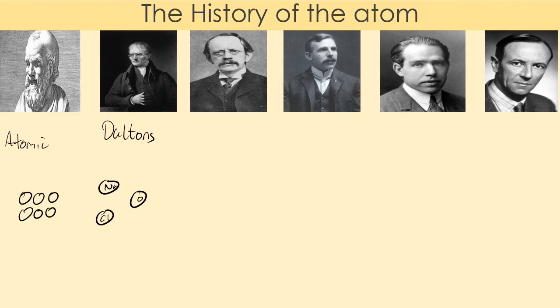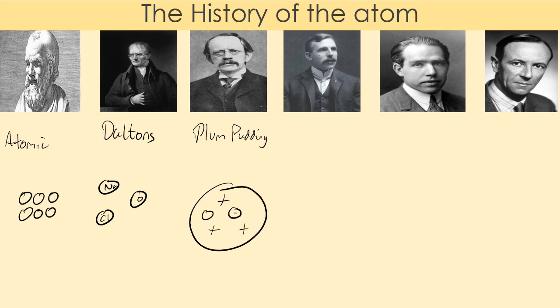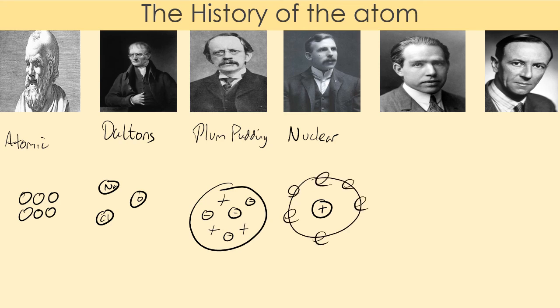We moved on to Thomson, where we have the plum pudding model, where we had a ball of positive charge with negative electrons embedded in it like plums. We then moved on to the nuclear model, where we have a positive nucleus and then electrons whizzing around the outside.